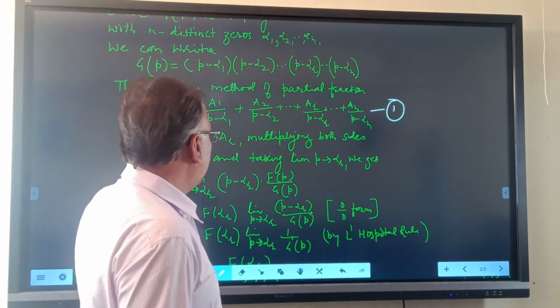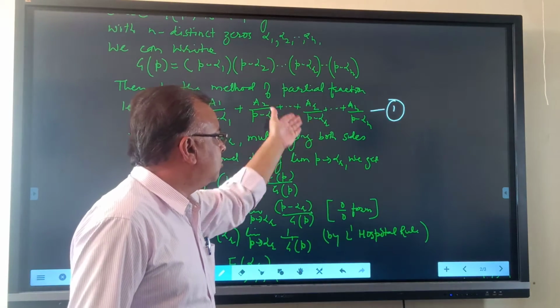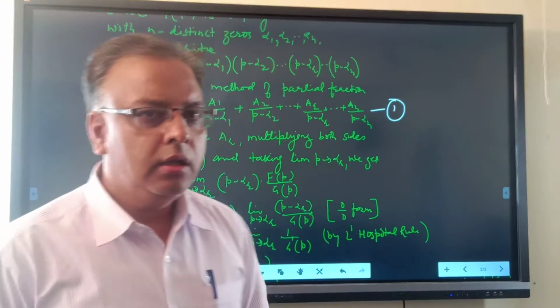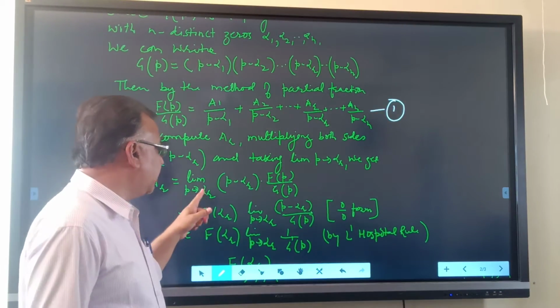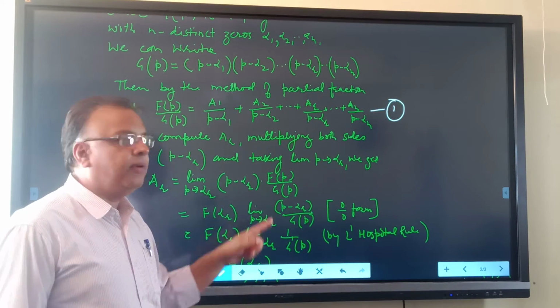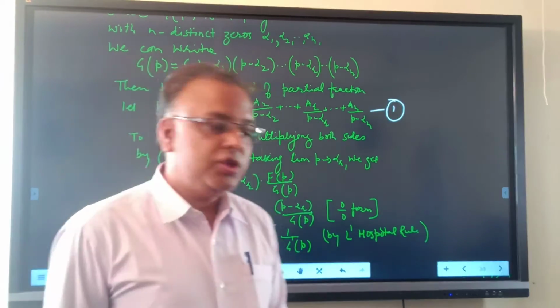Then all the terms are 0 except the term with the coefficient ar. So the value of the constant ar is equal to the limit as p tends to alpha r of p minus alpha r into F(p) upon G(p).